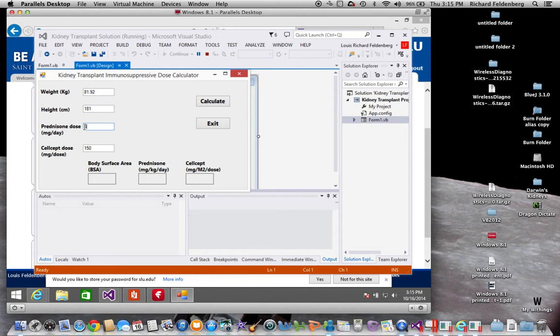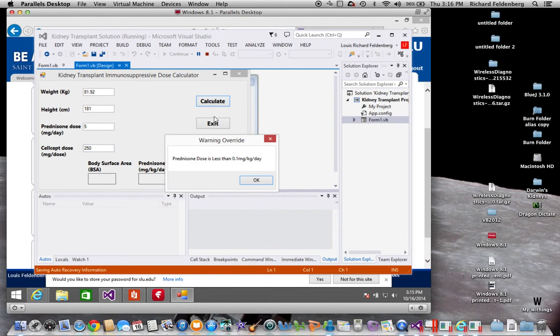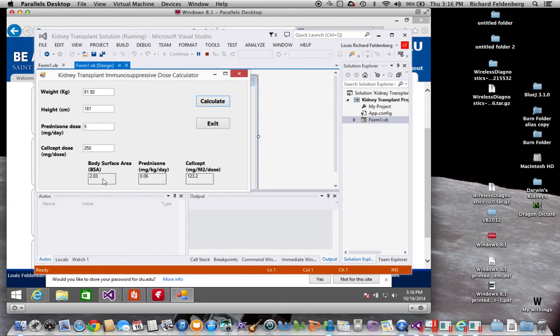He's on 5 milligrams of prednisone, and he is on 250 milligrams of CellCept. So we'll hit calculate, and we got a message box warning that his prednisone dose is less than 0.1 milligrams per kilogram per day, so we'll hit OK. And we get another warning that the CellCept dose is less than 250 milligrams per meter squared per day. We hit OK, and this then gives us the exact information.